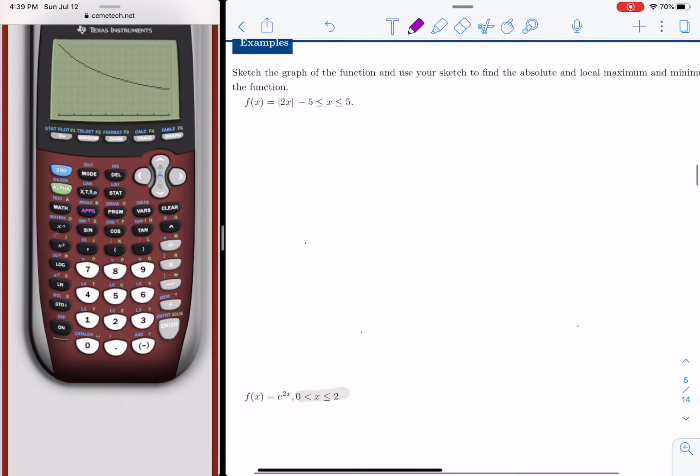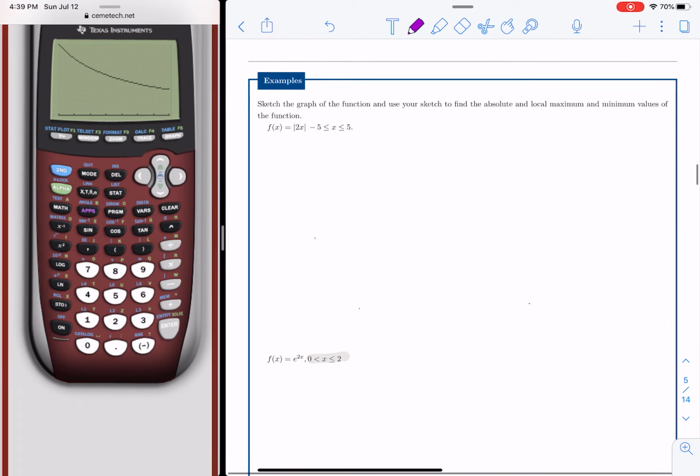So graphs are quite helpful in getting an insight into extreme values. Here we have an absolute value function. The domain is defined as -5 included, all the way up to +5. So let's go ahead and graph this. We could graph an absolute value by pressing math over to number 1, and 2 times x.